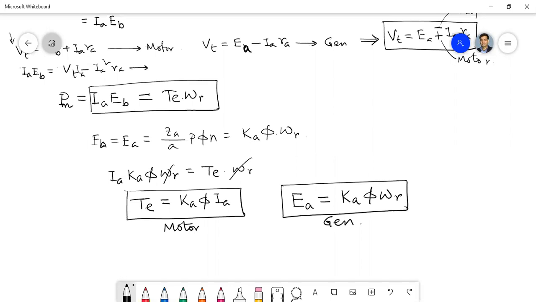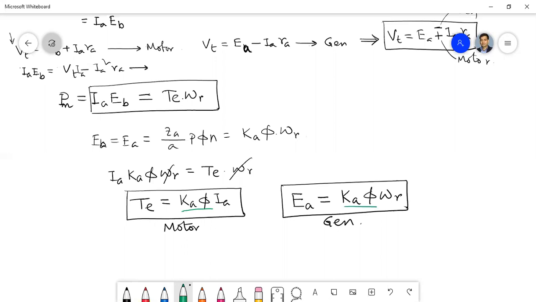Now you see, what are the common parameters in these two expressions? That is Ka and phi. Okay.